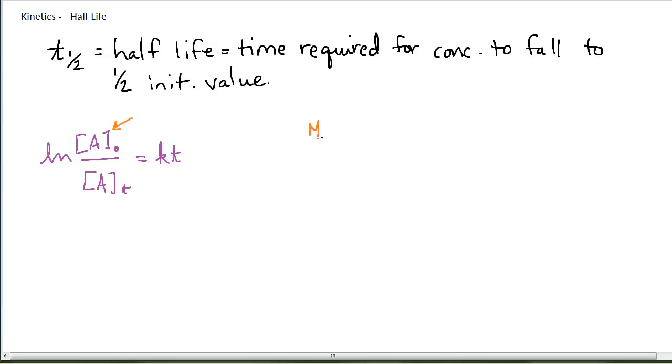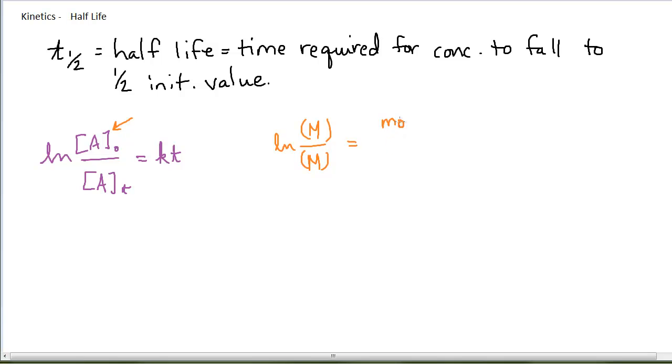The concentration is a molarity, so I've got a ratio of molarity to molarity inside that logarithm. Those units cancel because I have the same unit on top and on bottom. When I take the natural log of that ratio, it's unitless.